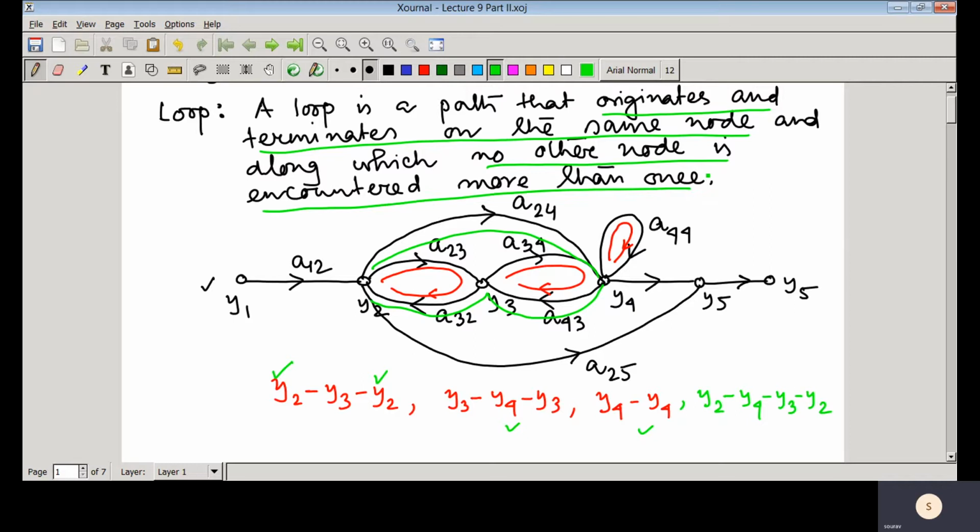That is important, because if you consider y2, y3, y4, y3 and y2, this is not a loop, because y3 is encountered more than once. So these are the 4 loops that exist in this particular signal flow graph.